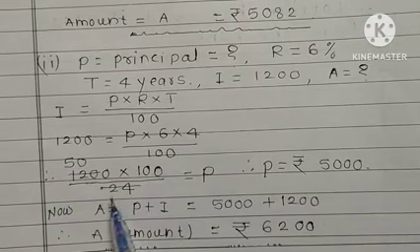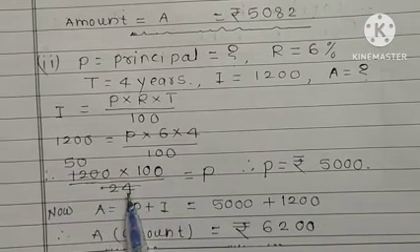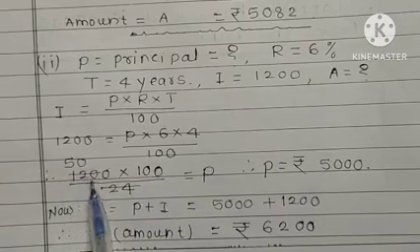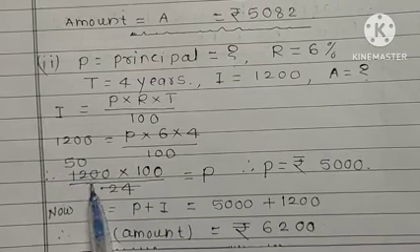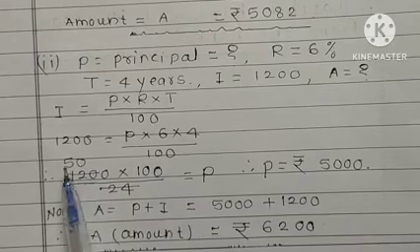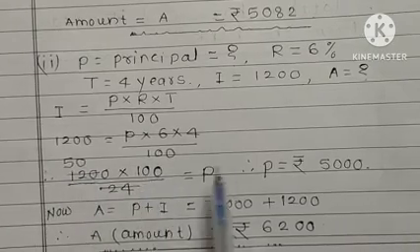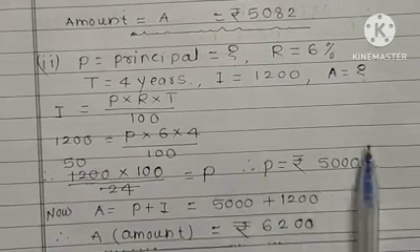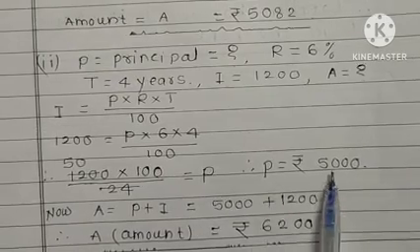Okay. Now 24 ones are 24. 24 fives are 120. This 0 as it is. So 50 into 100, that will give you 5000. That means P principal amount is 5000 rupees.